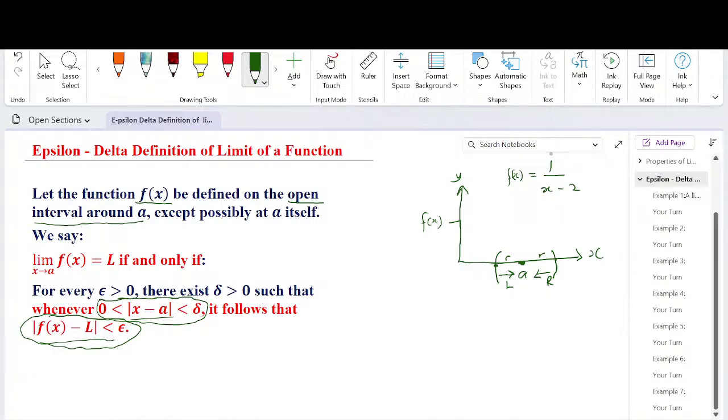But if the function is not defined at a given point, then the limit value and the function value at that point will be different. So it doesn't really matter if the function is defined or not at the given point.